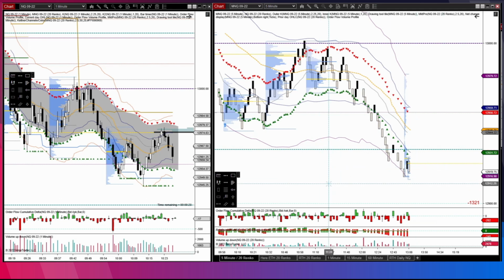The way I manage risk in my evaluation and in the real account is the same. I used to take 3 trades with a risk of about 50 ticks per trade.